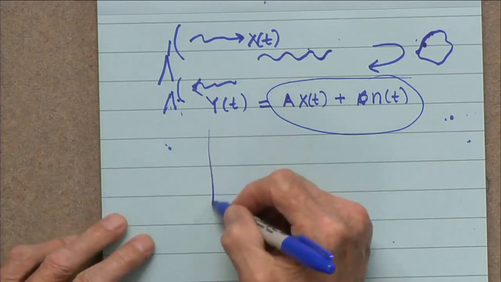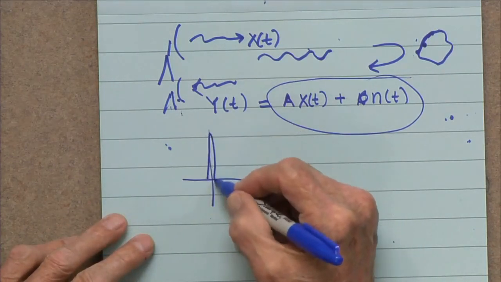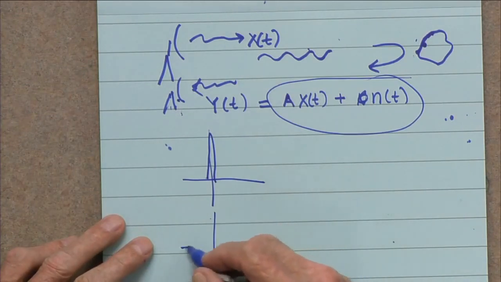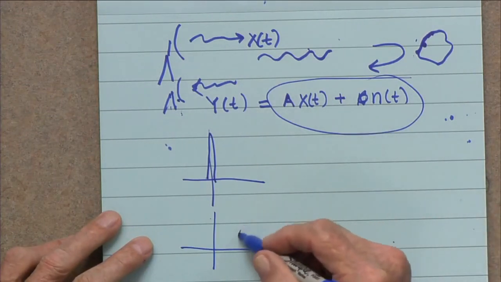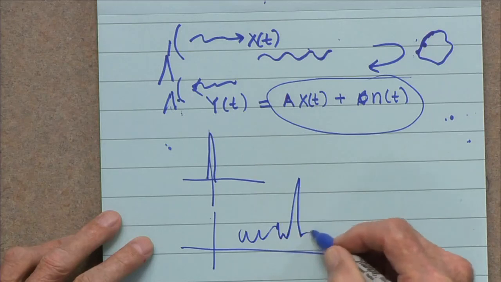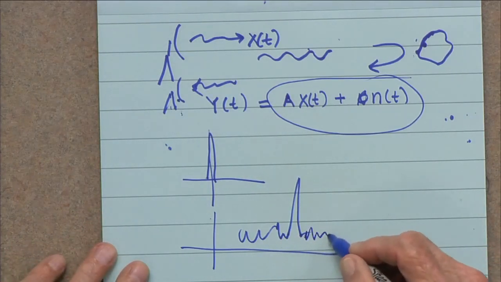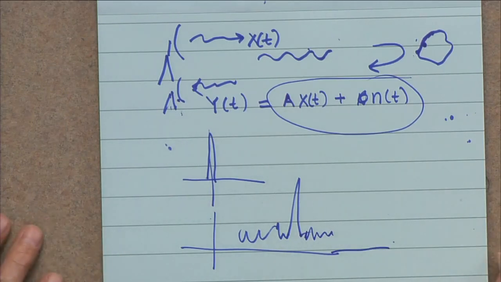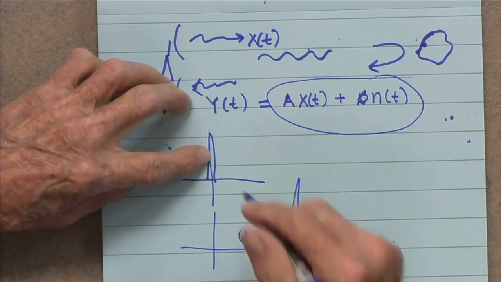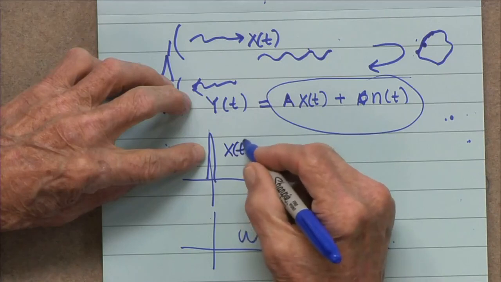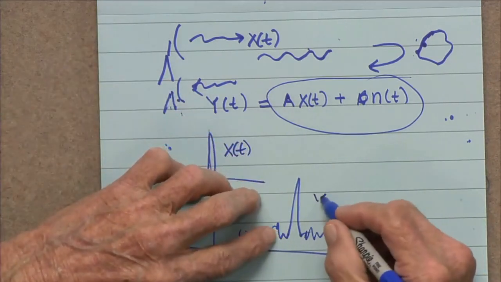So I send out a bang, x of t, and I see coming back noise. See this noise here? So I send out x of t, and I receive y of t.